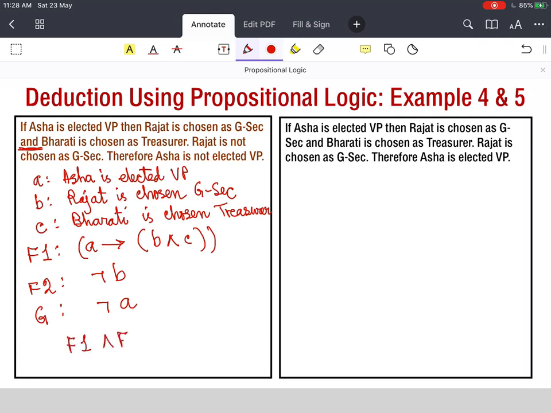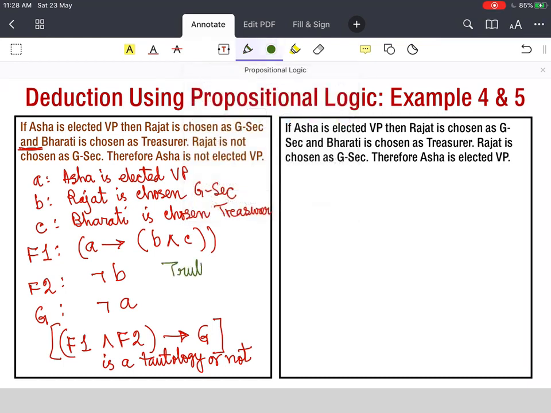And in order to prove that this argument is correct, we again have to do the same thing. We have to prove F1 and F2 implies G. This formula is a tautology or not.